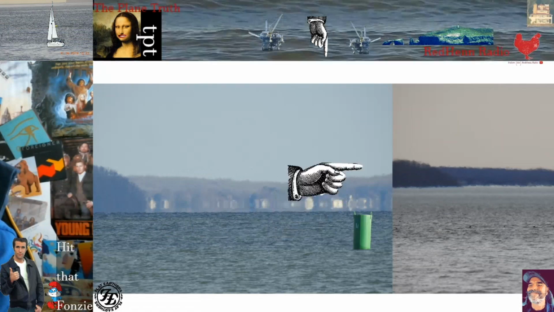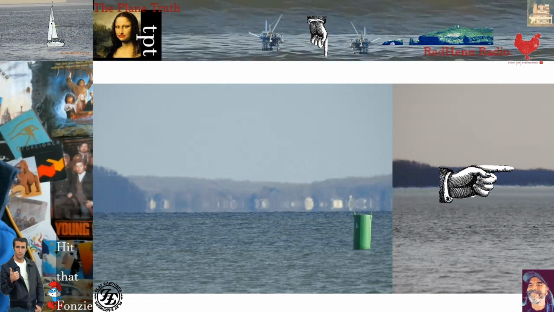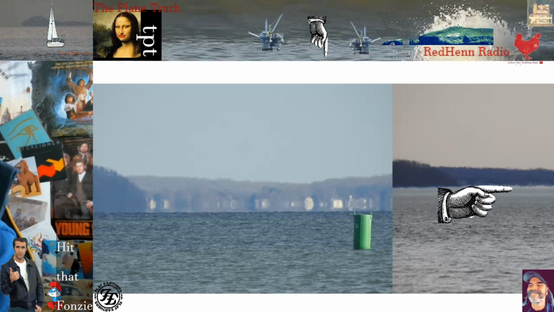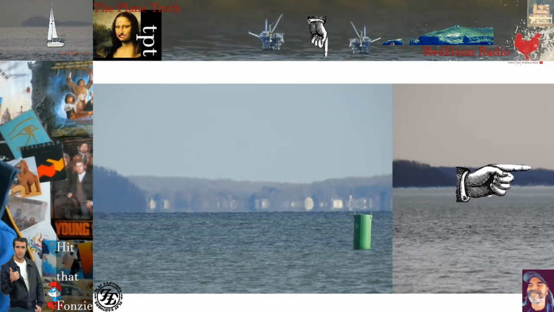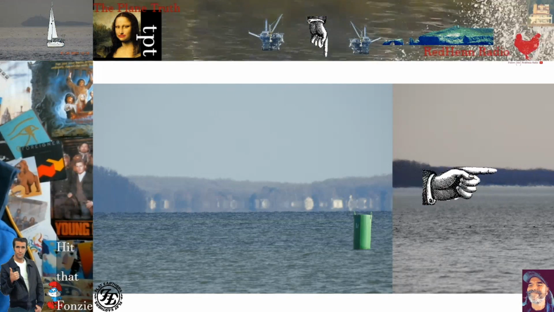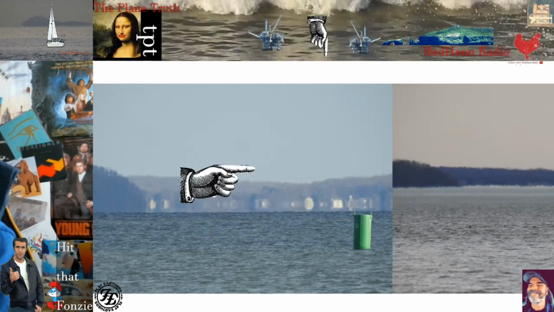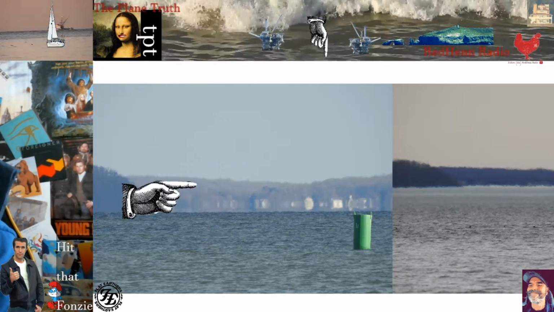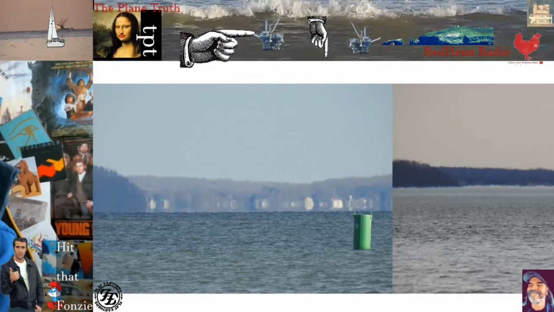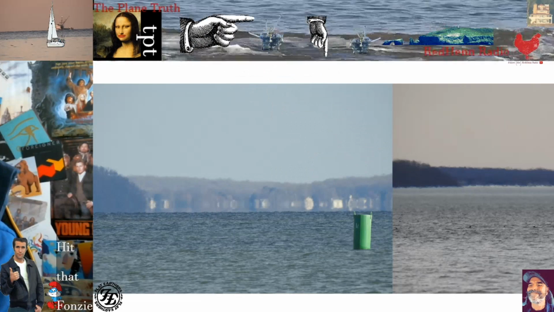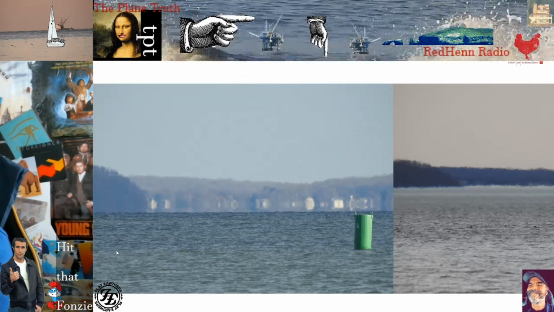So it's not just lifting it up, it's also dropping it into the distance. So look how much smaller it is, right? We could find a lot of these markers and line them up, and they just drop back into the distance. They drop back perfectly to scale with the conditions of the medium.